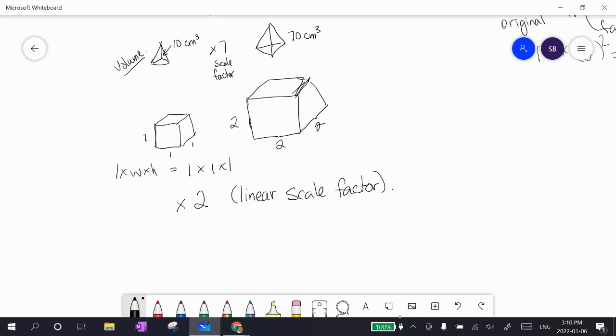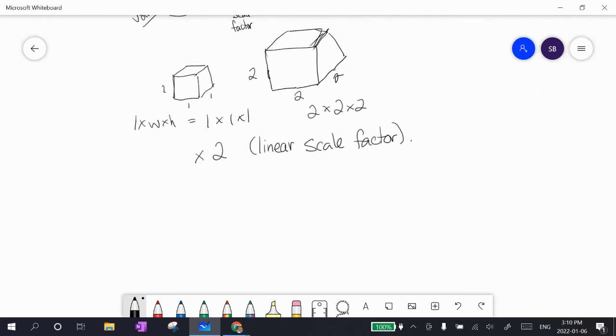So now instead of 1 times 1 times 1, I have 2 times 2 times 2. And what happens there is I take my length of 1 and multiply it by the factor of 2. And then I take my width of 1 and multiply it by a factor of 2. And I take my height of 1 and multiply it by a factor of 2.